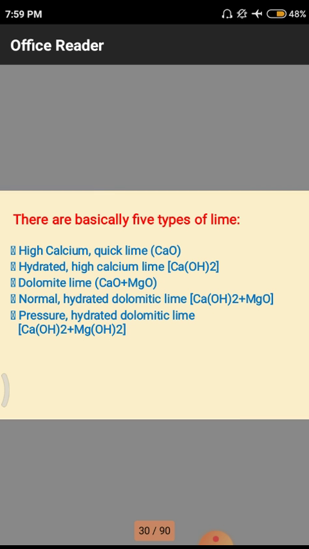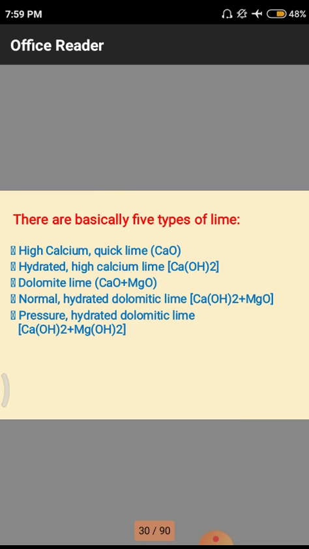First one is the high calcium or quick lime. That means in this lime we have only calcium content and oxygen content, there are no impurities, so it is a high calcium quick lime. Why? Because only calcium content is there, Ca2+, so it will react with the surrounding particles and bind easily.